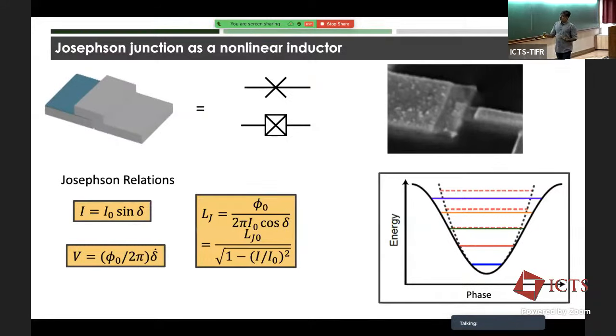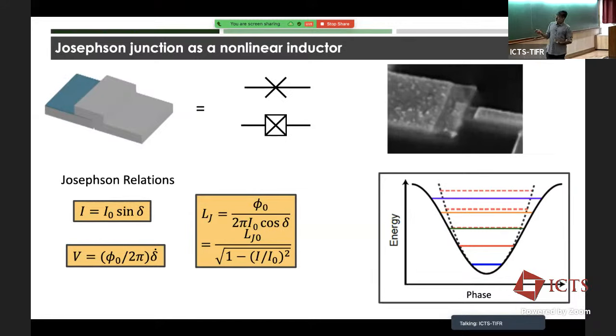Okay. You then can combine this to create an effective inductance by using the fact that V is d phi dt, or V is L di dt, right, from Faraday's law. And from that, you can write an expression for an effective inductance because the electrical property seems to resemble that of an inductance.